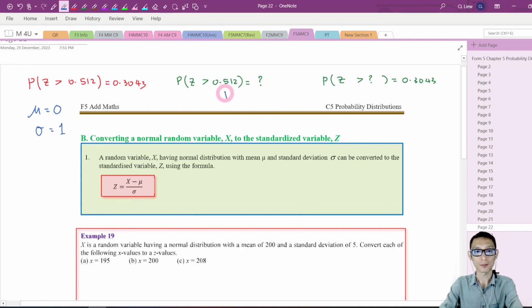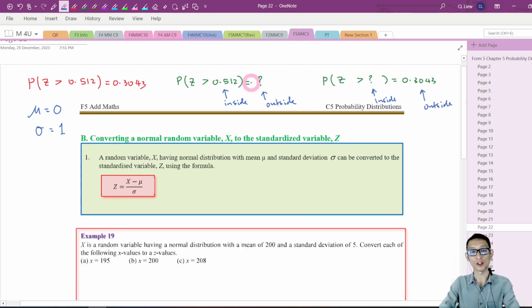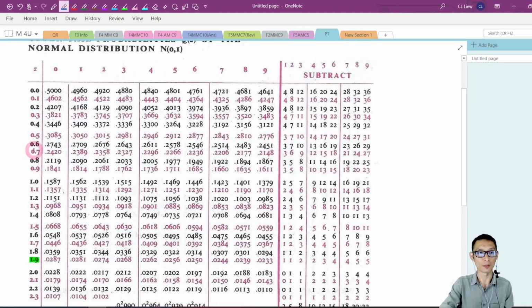Still remember, I told you that this is inside and this is outside. For this situation, you want to get the value for outside, so we start from outside.